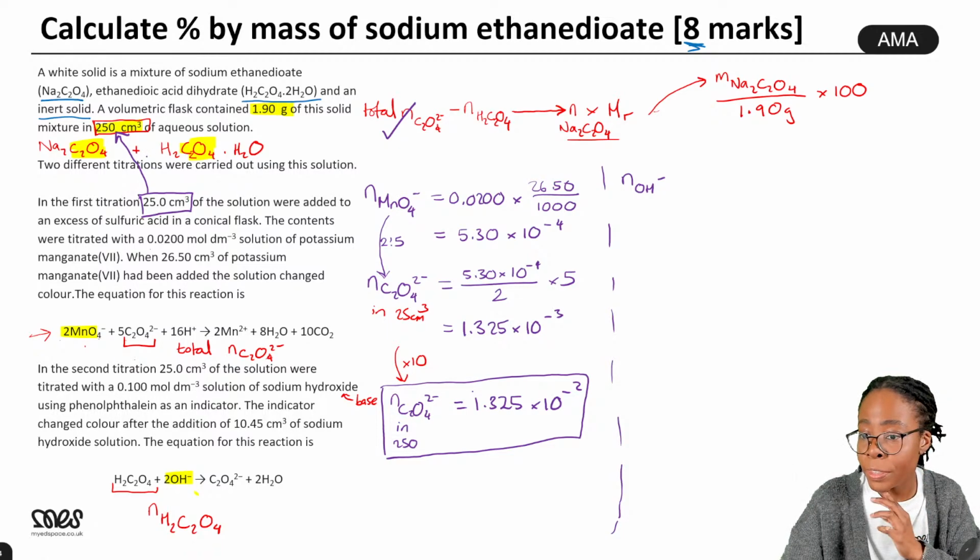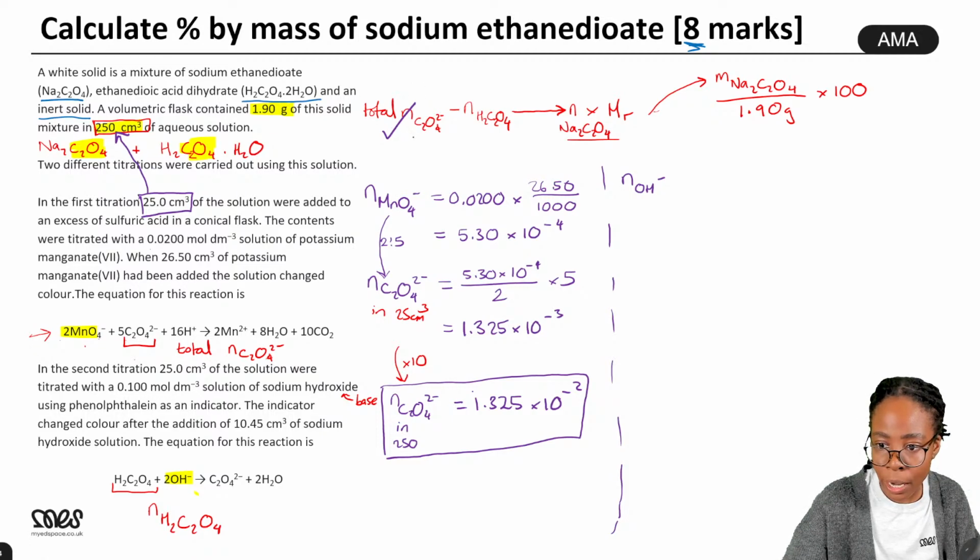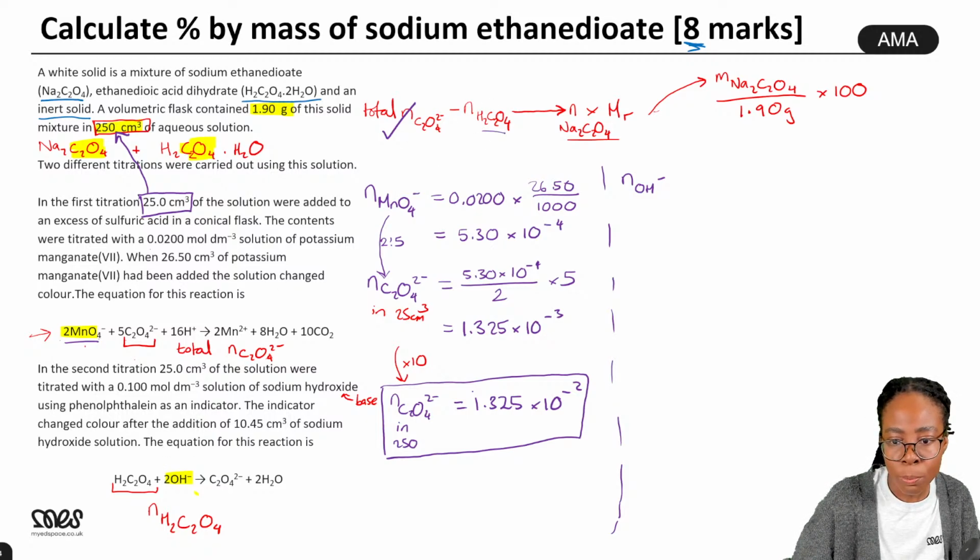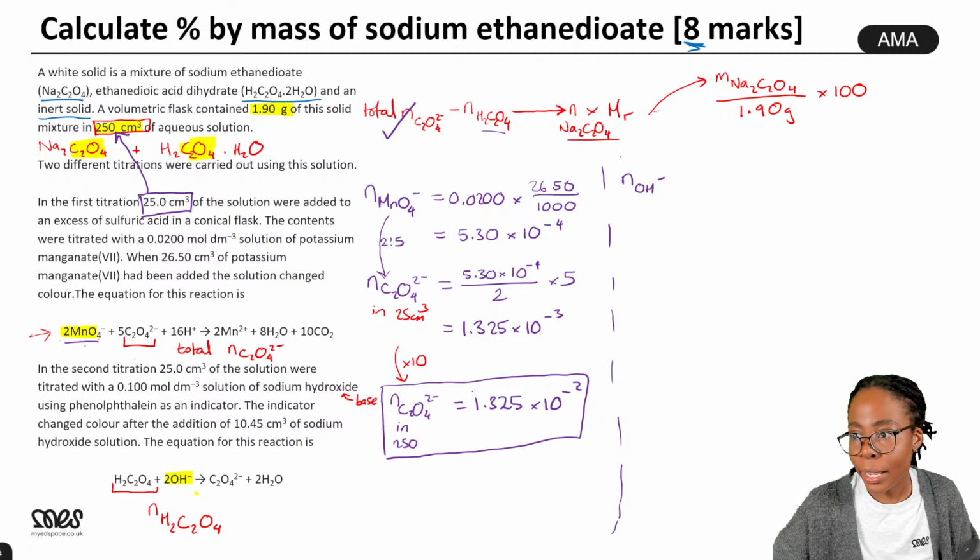We haven't got the moles of the acid yet. We've currently got the moles of the ethanedioate ions from the moles of manganate. So now we need the number of moles of the ethanedioic acid based on the moles of sodium hydroxide. Okay, yes indeed.